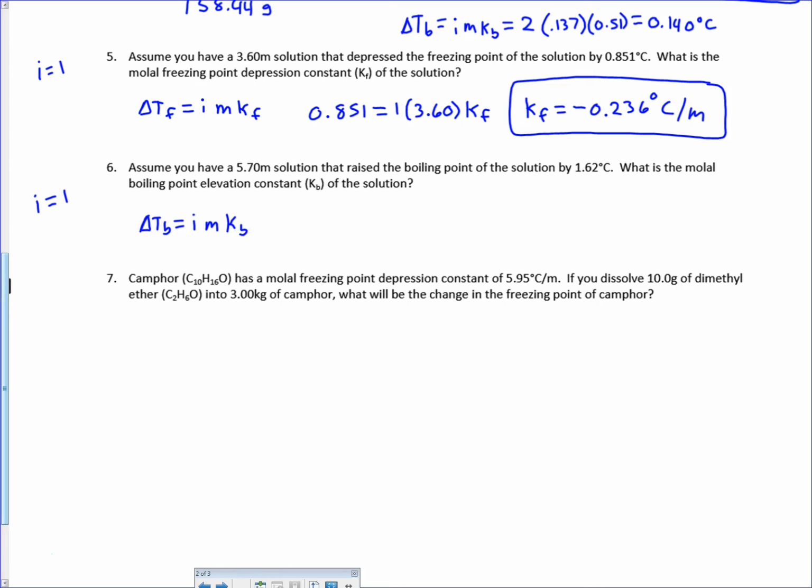In this case, 1.62 was our change in boiling temperature, which equals 1 times 5.70 molal, times our Kb. You solve that for Kb, you get Kb equals 0.284 degrees Celsius per molal.